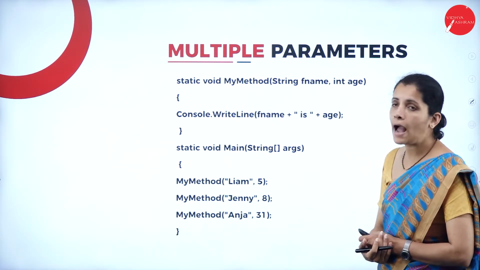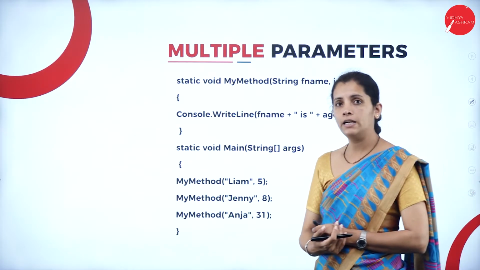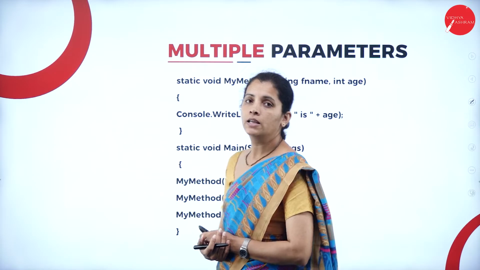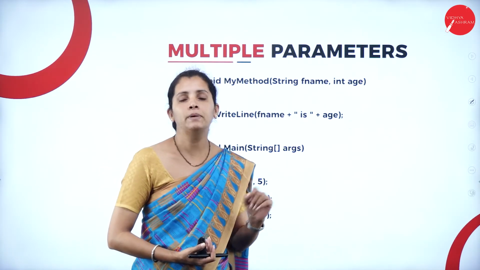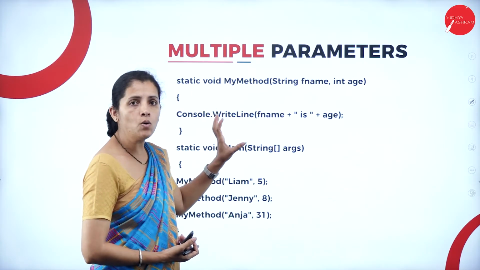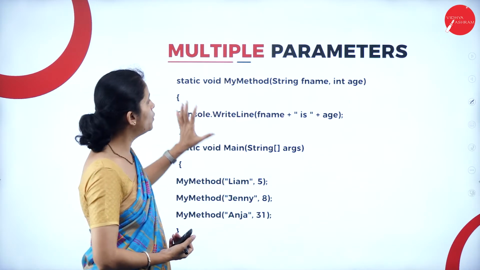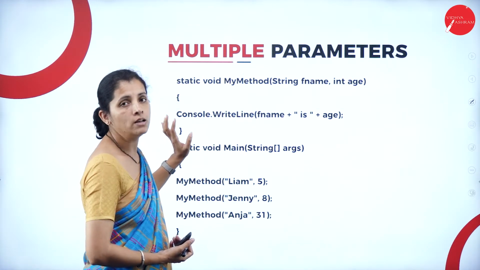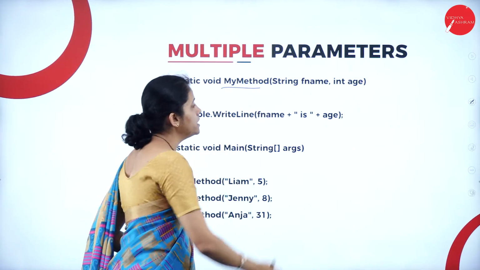Now I'm going to have my third type of parameter, that is multiple parameters. That means a function can have multiple parameters. To illustrate how a function can have multiple parameters, I'm going to use this small snippet. Now, dear student, what is my function name here?